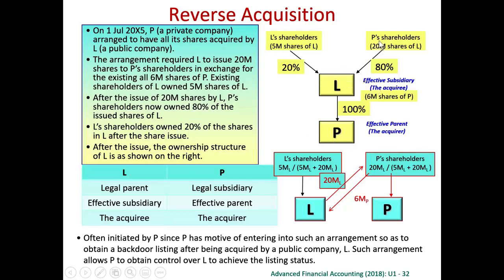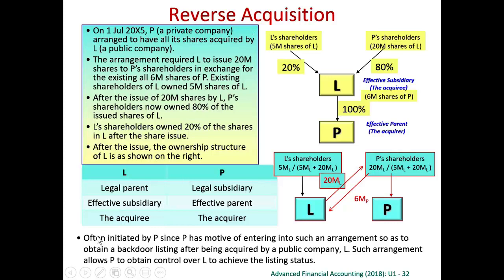Why? Because it is P's shareholders who control this combined entity. So this is a very special case. It is the company at the bottom who is the acquirer. Right? It is P who becomes the acquirer.